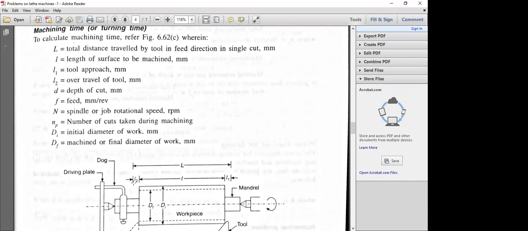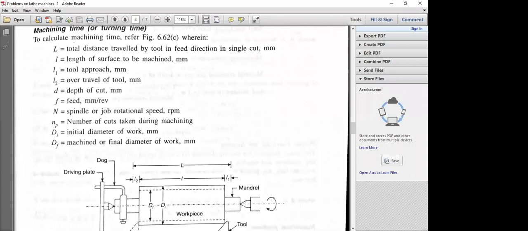What is L2 here? The over travel of the tool. After machining is over, it will go for a certain distance and then come back for machining the second pass, because you cannot achieve the final job dimensions in a single pass. So that is the thing.